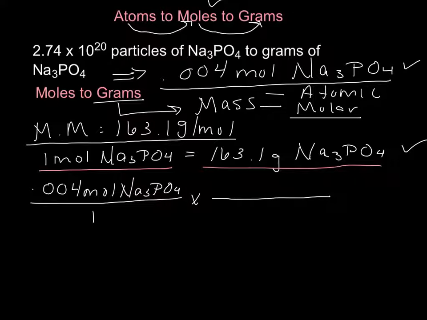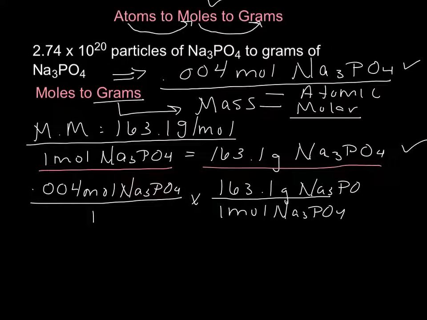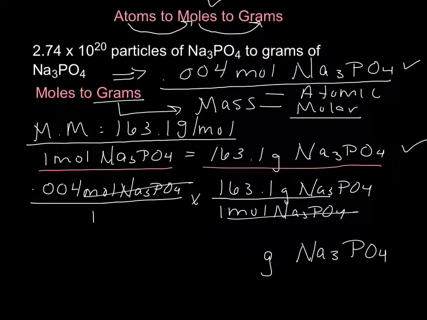So on the bottom, I'm going to put 1 mole of Na3PO4. And on top, I'm going to put the molar mass, 163.1 grams of Na3PO4. What happens to my moles? Well, my moles cancel, right? They disappear. What's the only unit left? Well, the only unit left in this case is grams of sodium phosphate, so that's going to be the one that I carry over, right?